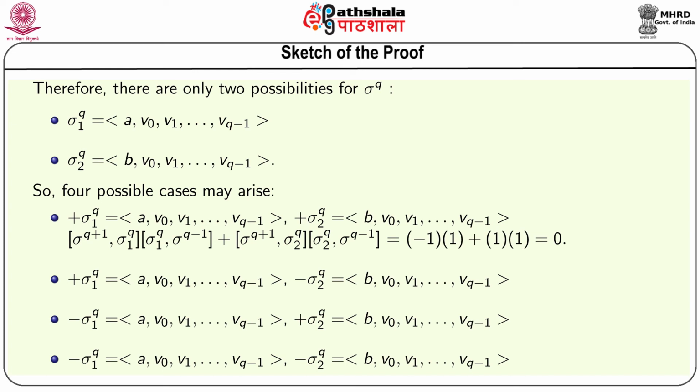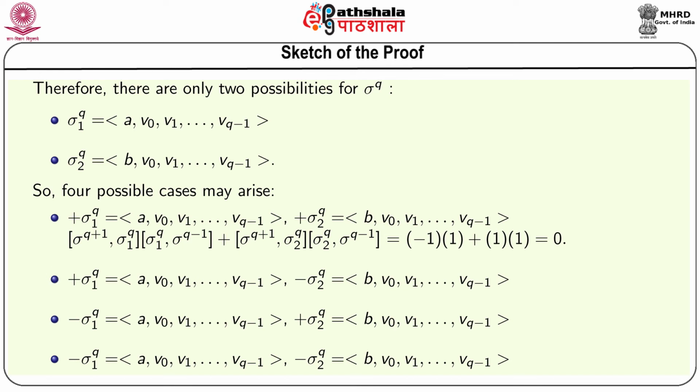On the other hand, sigma q plus 1 with sigma q2 is 1, whereas the last one, sigma q2 with sigma q minus 1, is also 1. So, if you take the product and take the summation of all these products, we get the value equal to 0.